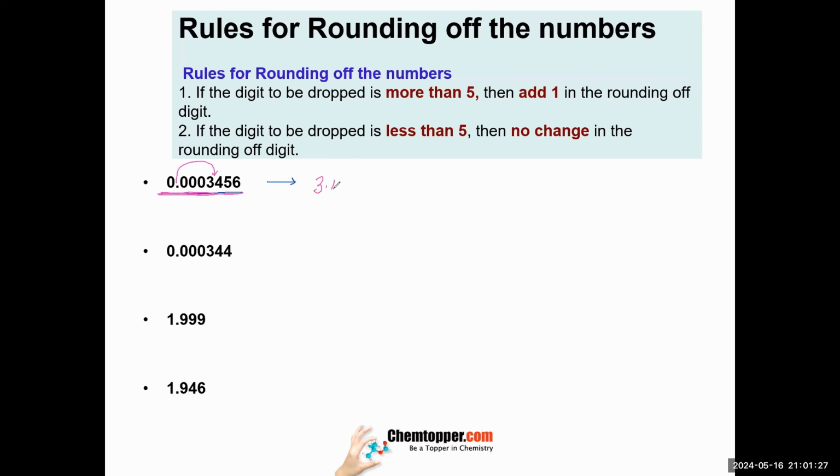So it will become 3.456 times, it's a small number, so exponential power will be negative. 1, 2, 3, 4, minus 4. Now I want to put this number only up to 3 digits. So it means I want to drop this 6.